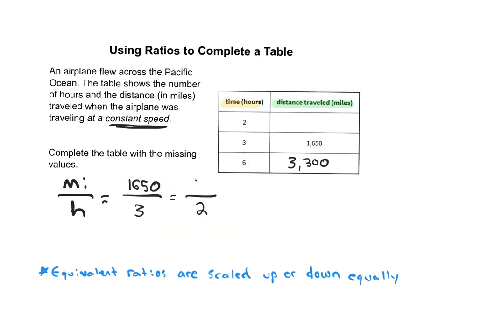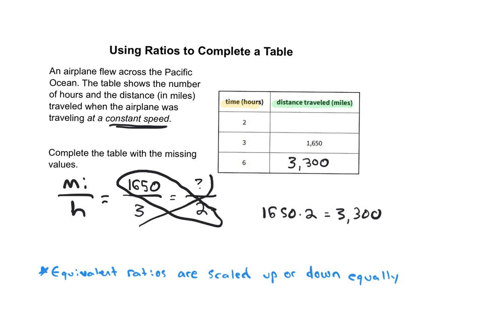And to solve for this question mark of how many miles I traveled in 2 hours, I'm going to use the cross products method, meaning that if I take my cross products and I say, what is 1,650 times 2? We just got that. That is 3,300. That means that 3 times what is also equal to 3,300, because in an equivalent ratio, the cross products are equal.